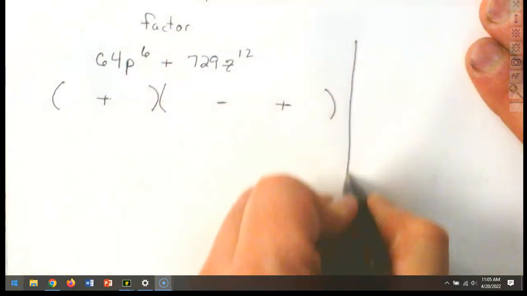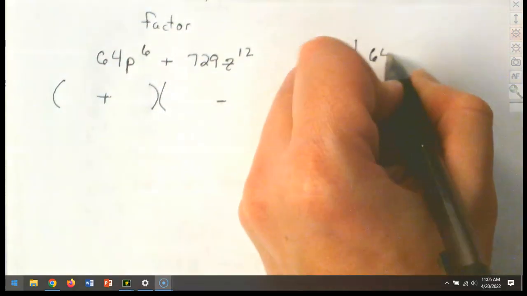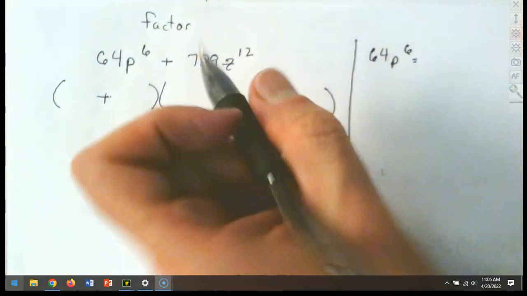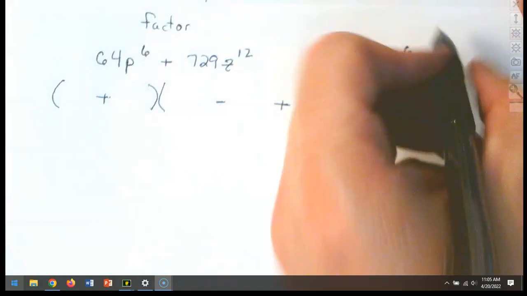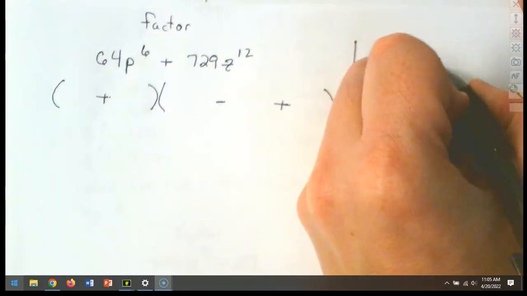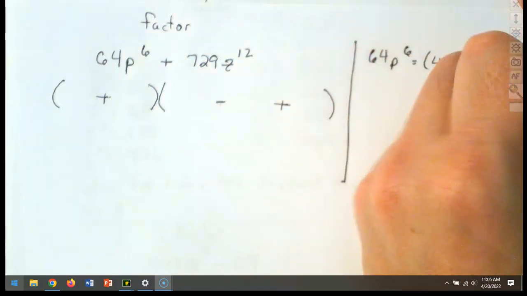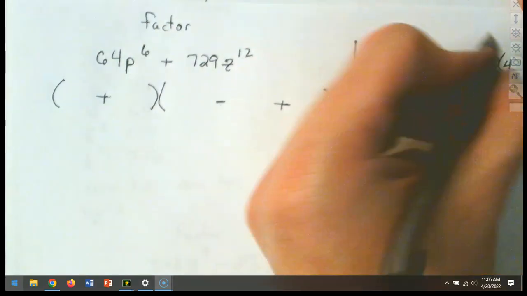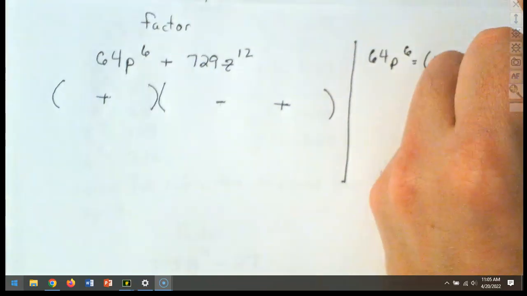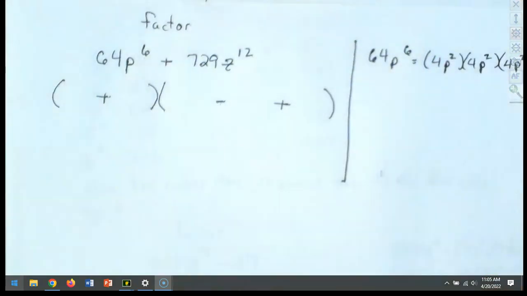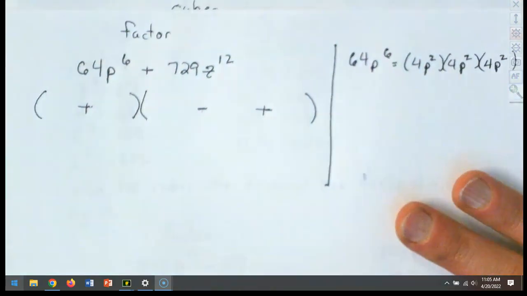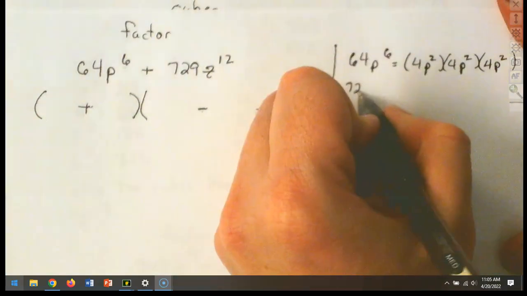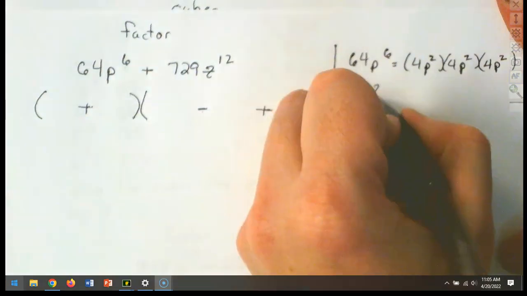So, first things first, 64 p to the 6th, we split that up. 64 was a perfect cube of 4. So that's 4, 4, and 4. And p squared, p squared, p squared. And then what about the 729? Well, 729, z to the 12th.